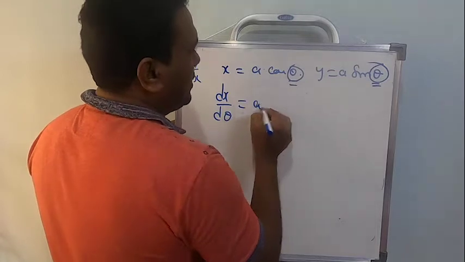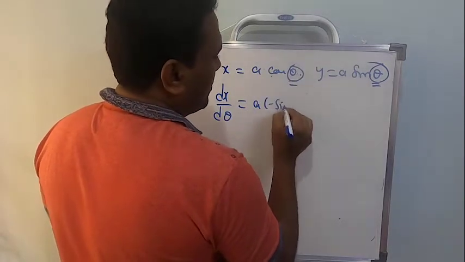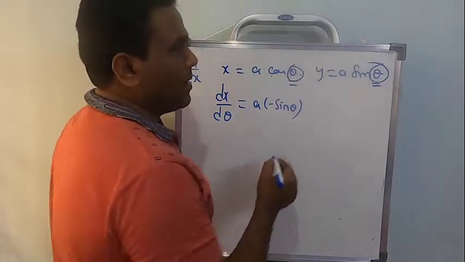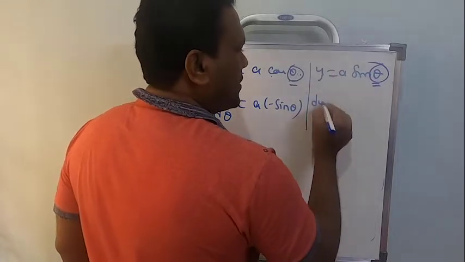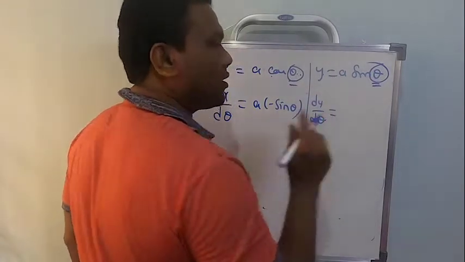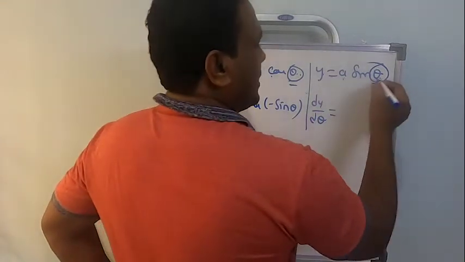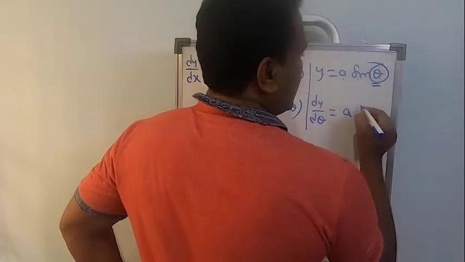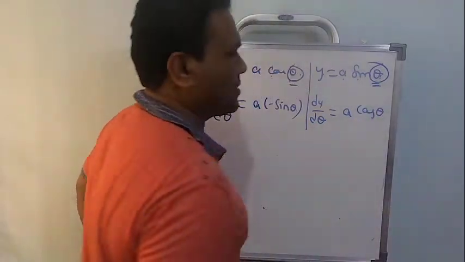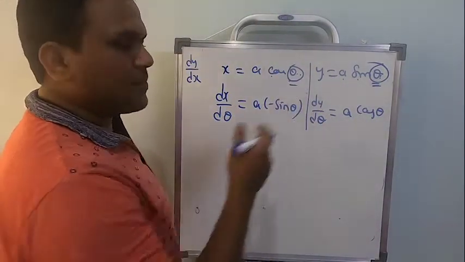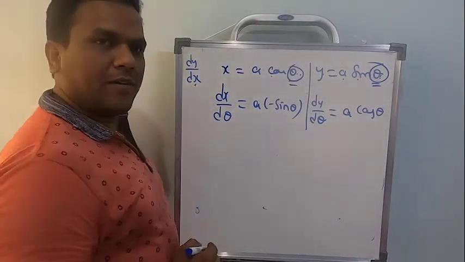a is a constant. Differentiation of cos theta will be minus sin theta. Now y, differentiate this also with respect to theta. Don't try to differentiate with respect to x now. Now this a is a constant and differentiation of sin theta will be cos theta. You have differentiated them separately, but the final aim is to find dy by dx, right?